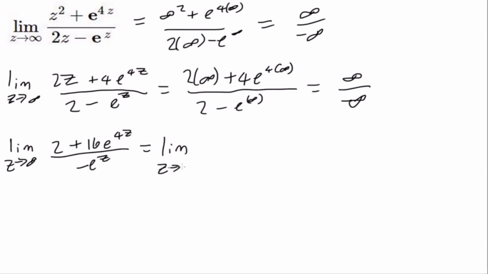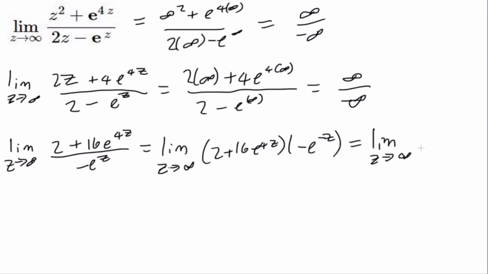But we can make it look a bit nicer if we bring the bottom e value to the top, so it becomes e to the minus z on the power here. So we can just put brackets here and put 16e to the 4z. So this equals the limit as z goes to infinity of 2e to the minus z, minus 16e to the 3z.